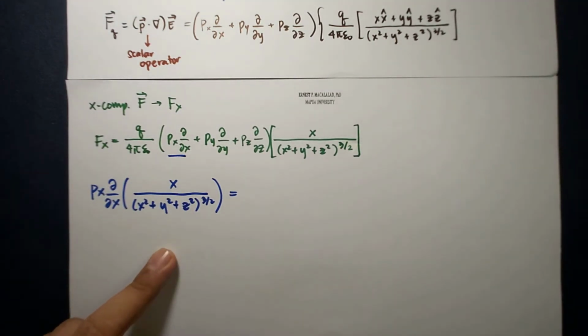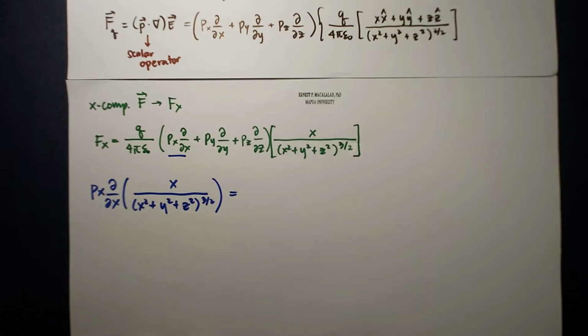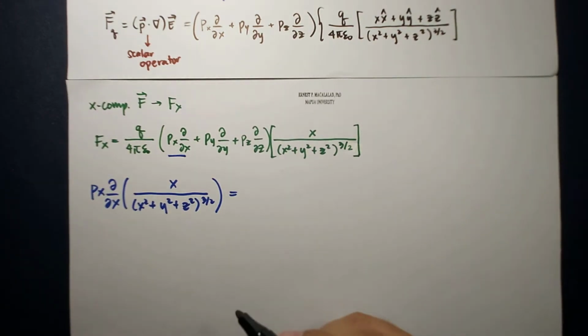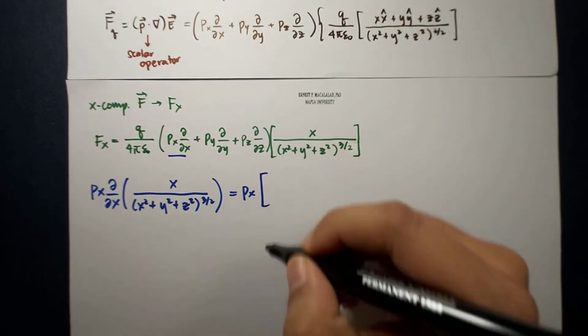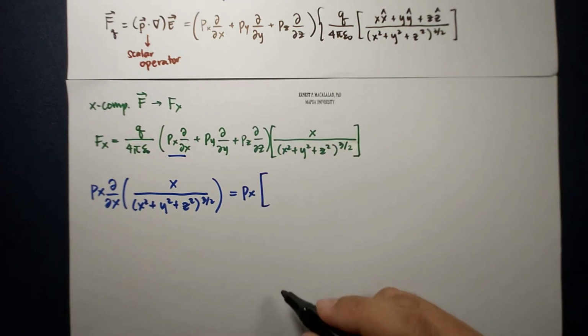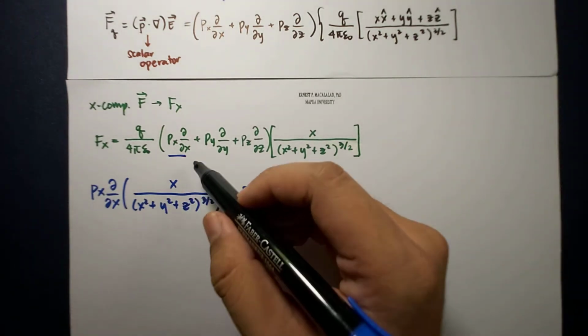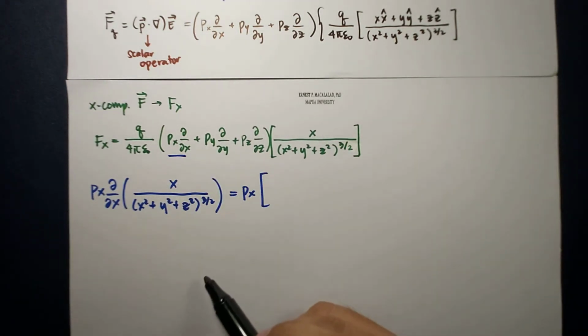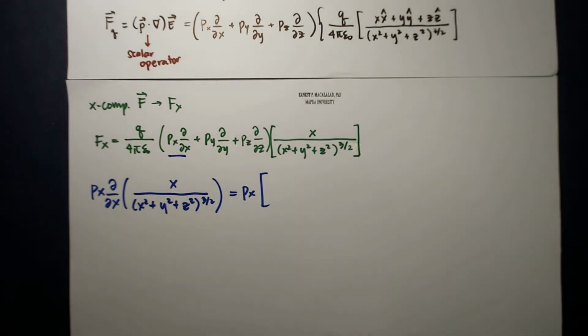Therefore, we use the quotient rule, or we may also use the product rule. So let's do it. This is px times, copy the denominator, so that's low d high plus high d low, minus high d low.